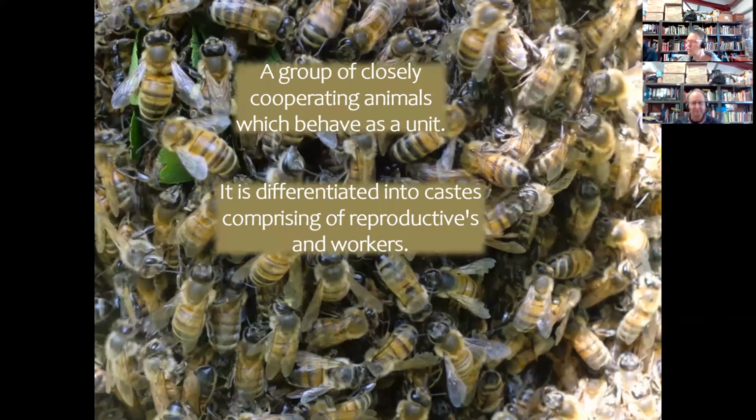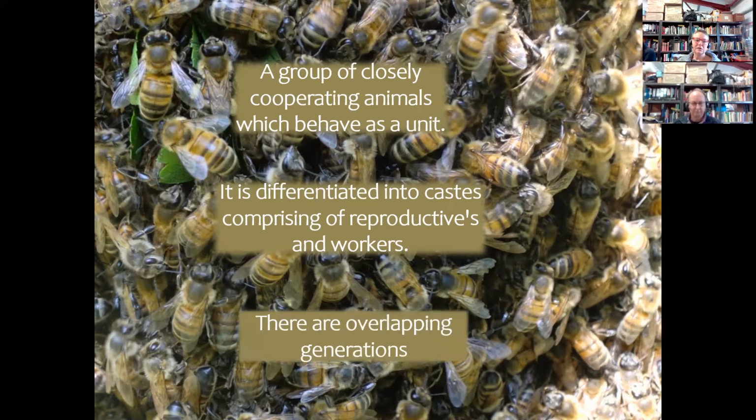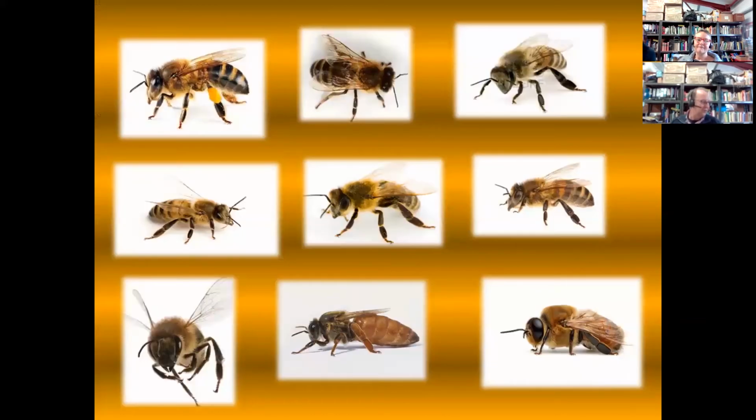That's her role, and the workers do all of the other jobs. And the other thing is there's cooperative care of the young. So there's a division of labour. The workers have given up their right to reproduce just to look after the queen. So they only get their genetics into the next generation by helping the queen.